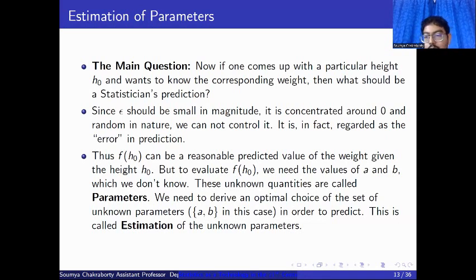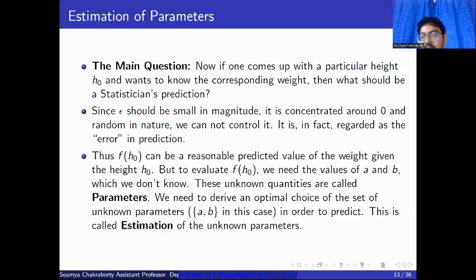we have two things which are yet unknown. Those are a and b. These are called parameters, and we need to choose those parameters in an optimal way so that our prediction of weight based on height is good enough. So this estimation is optimal, and we need some objective function to be optimized.